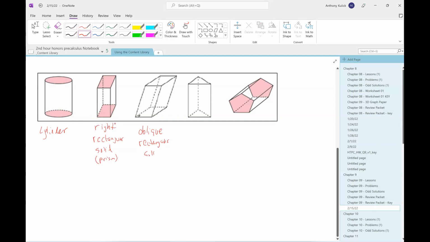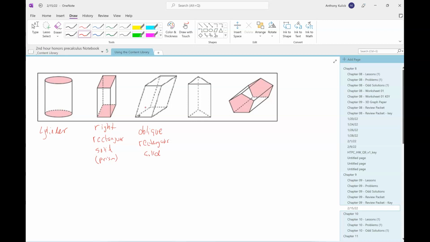I'd probably put right, since the sides form a right angle to the base, as opposed to the oblique rectangular solid, where the faces are not at a right angle to the base. Which one is usually going to be the easier one to work with? Yeah, the right angled ones, absolutely.